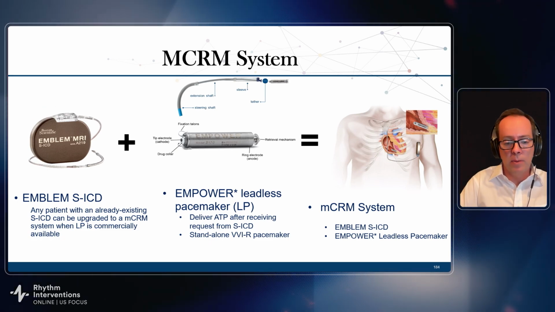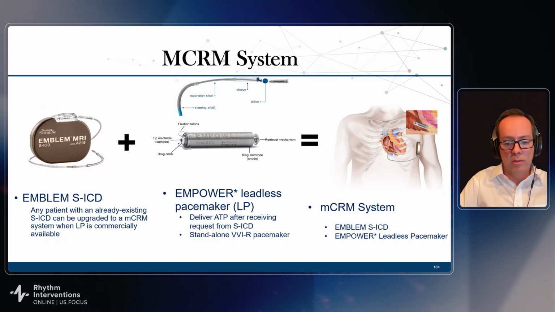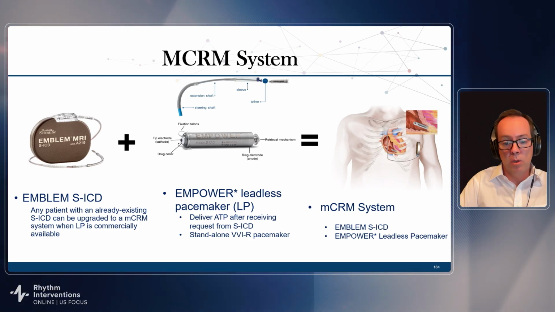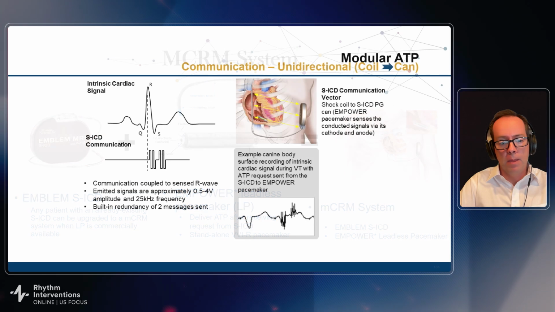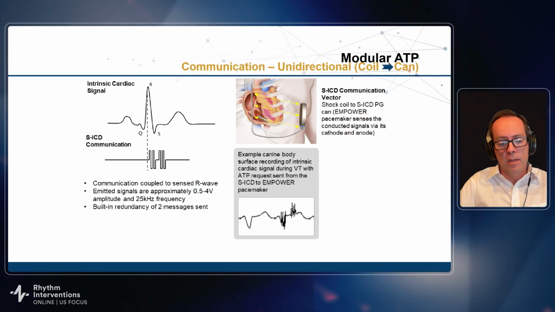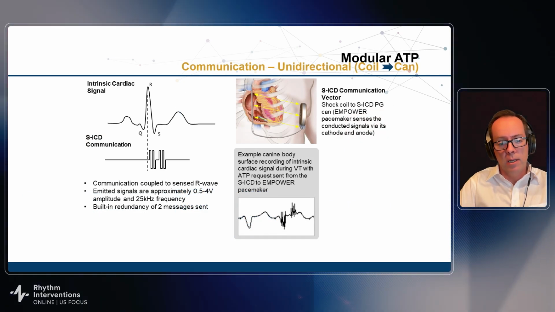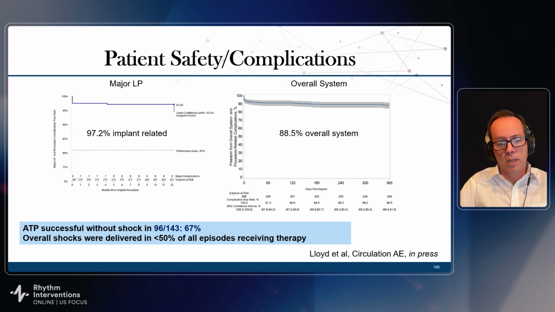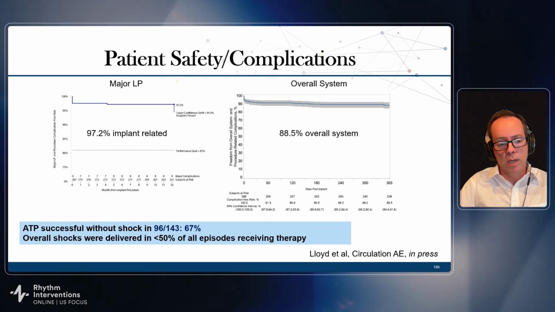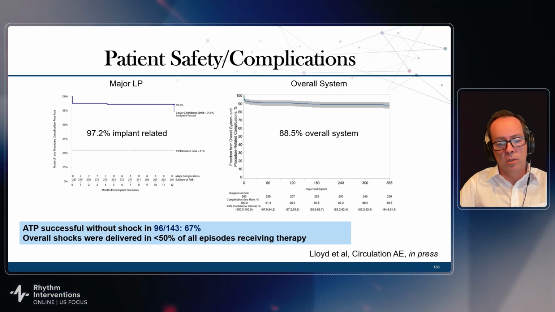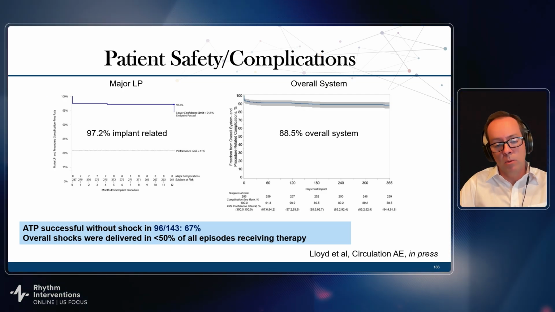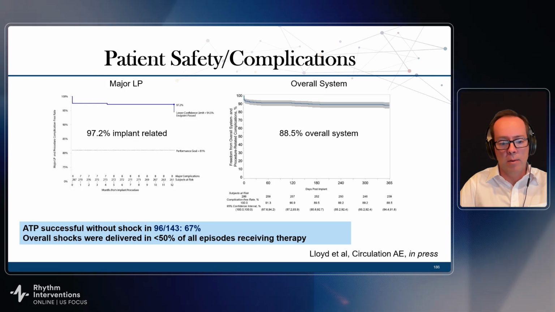There's a transcatheter pacemaker that's put in through the leg, similar to other technologies, that can then communicate with the SICD and deliver ATP therapy. This is done by a low energy, low battery-consuming communication process. The results are in Circ A&E: good safety, reasonable overall system complications related mostly to the SICD and not the Empower.